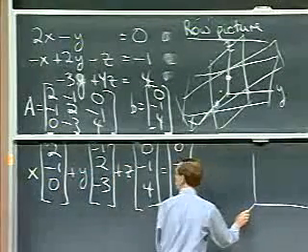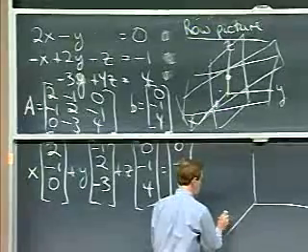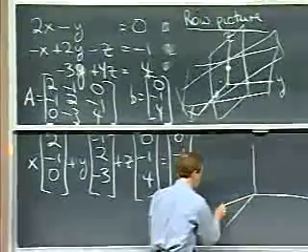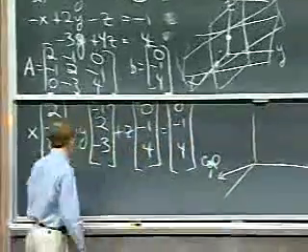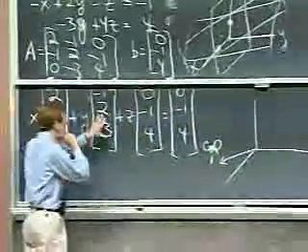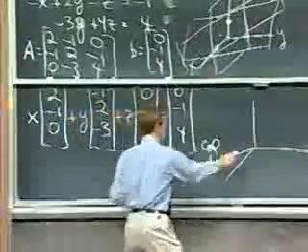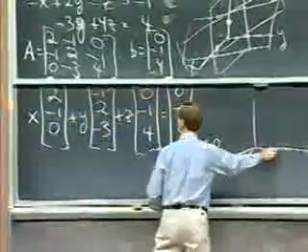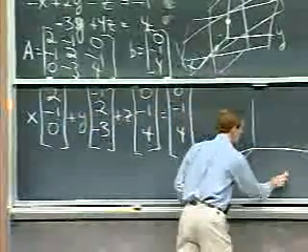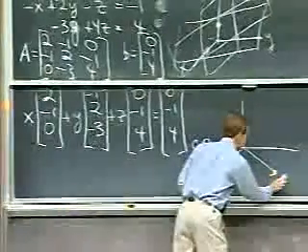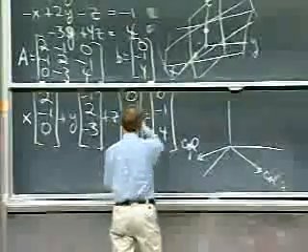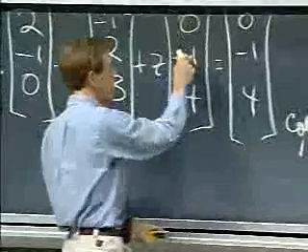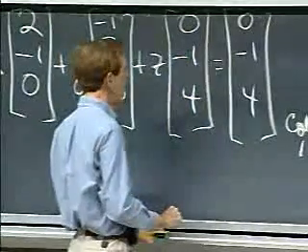So x is 2 and y is minus 1. Maybe there's the first column. The second column has maybe a minus 1 and a 2 in the y's and minus 3, somewhere there possibly, column 2. And the third column has 0, minus 1, 4.